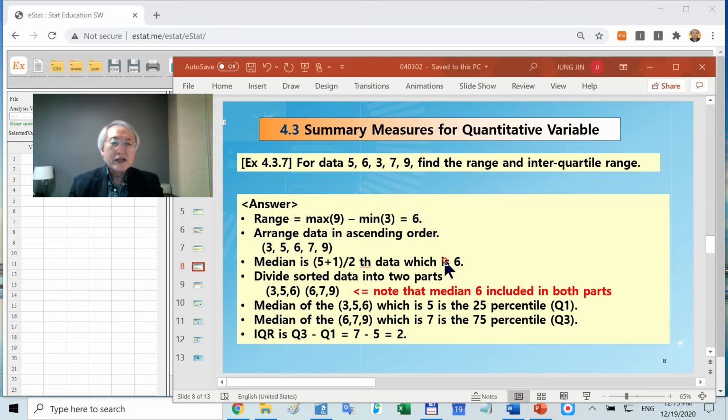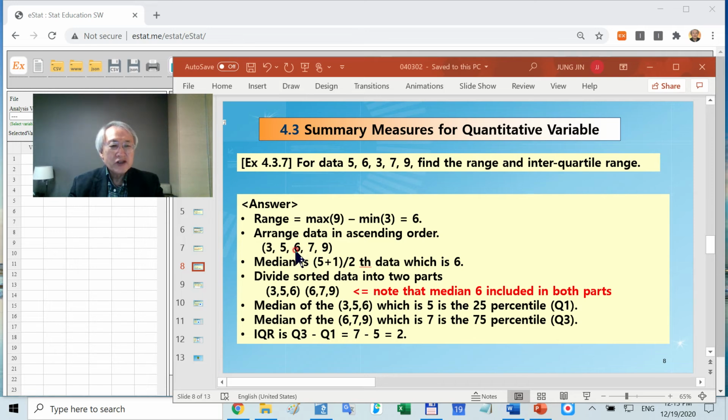How can you calculate the interquartile range? Divide this sorted data into 2 parts. Since we have only 5 data, we cannot clearly cut into 2 parts. If you have an odd number, just add the median here.